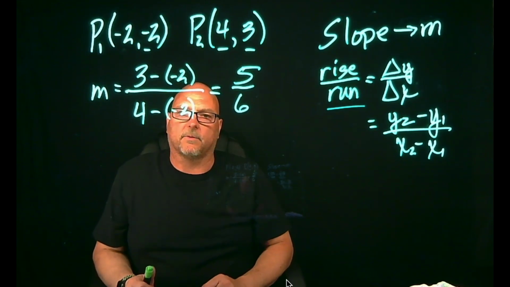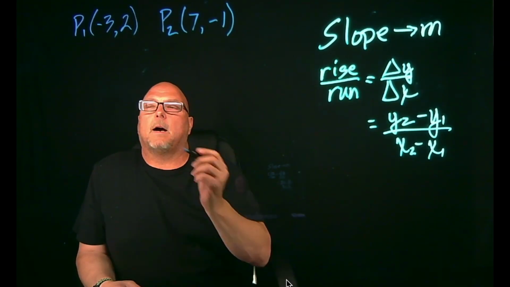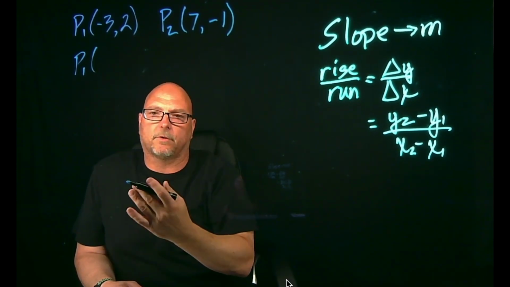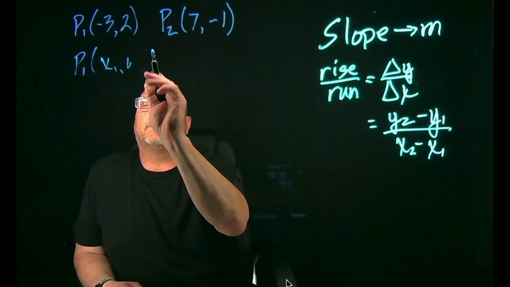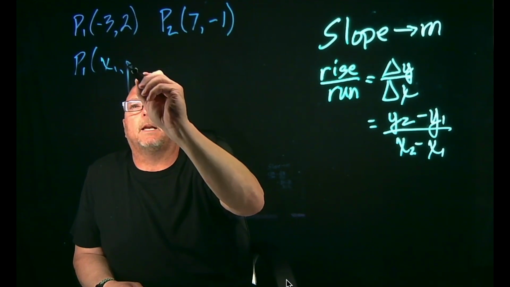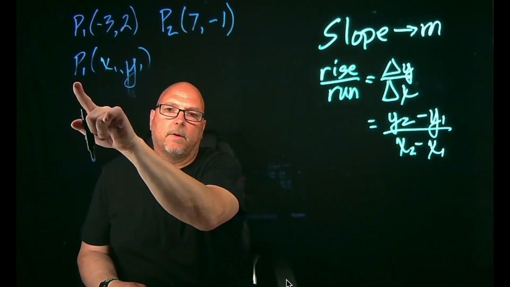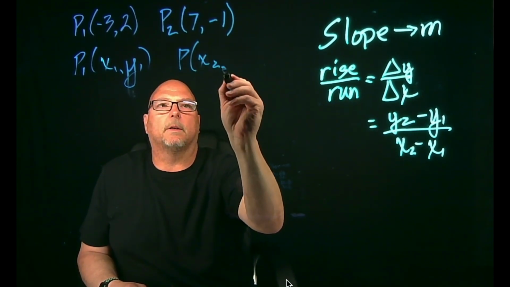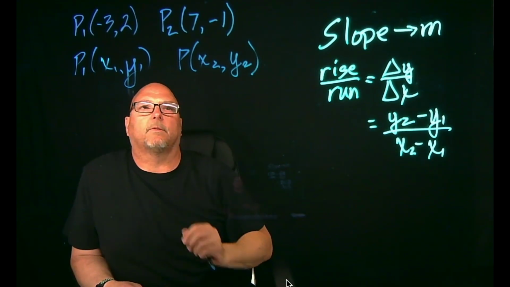So let me give you another one. So here we have 2 more points. A lot of times when students are first learning this, if they're struggling, I have them just write down that this is x sub 1, y sub 1 that goes with point 1, and then point 2 is the coordinates x sub 2, y sub 2 that are used in this formula.